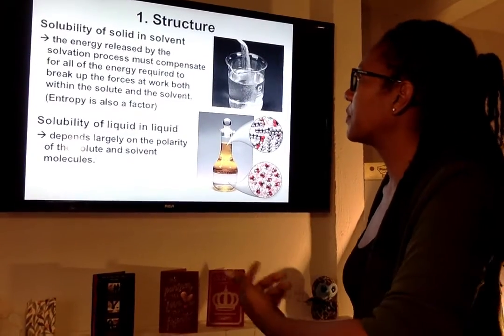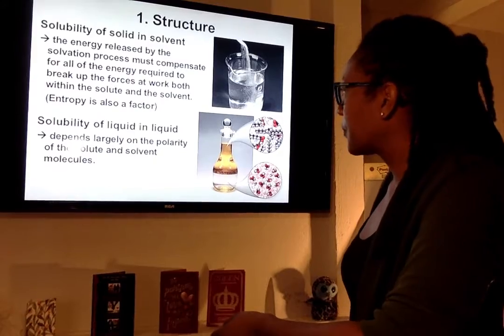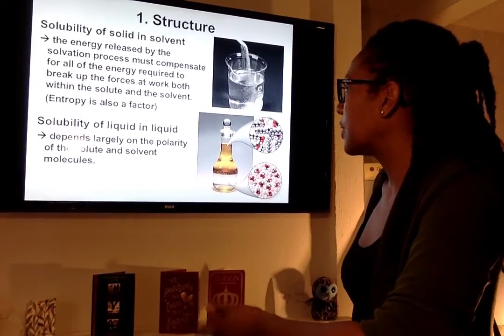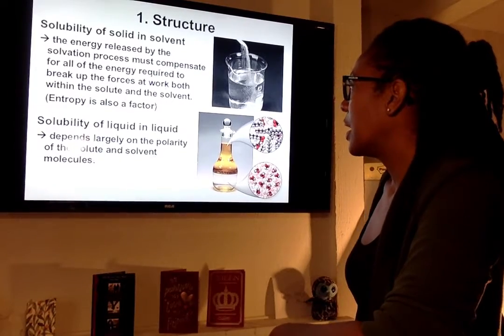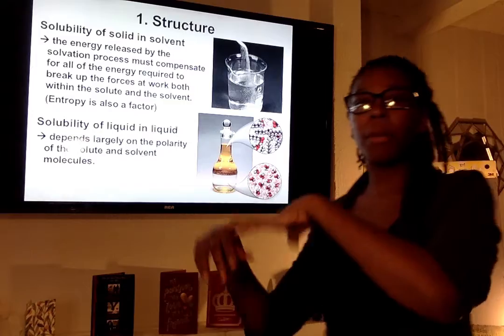And you also always want to take into account the entropy factor, the randomness. The solubility of a liquid depends largely on the polarity of the solute and solvent. If it's a solid, it's more about the energy, right?